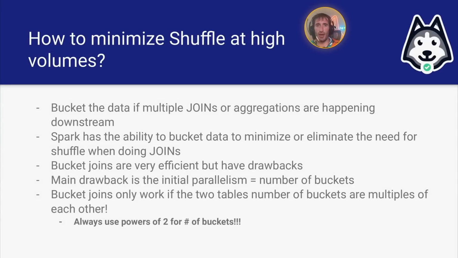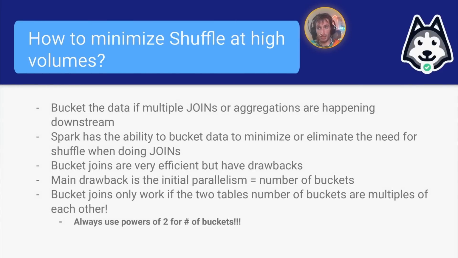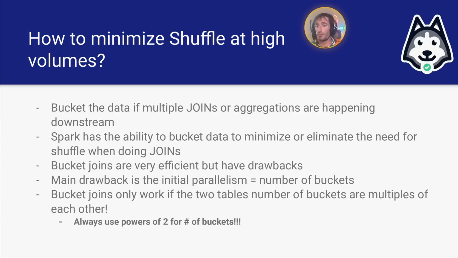We're going to talk a little bit about minimizing downstreams. I talked about this already, but bucket the data if multiple joins or aggregations are happening downstream. Bucketing is great, but if you're bucketing and you're only doing one join, then usually that's a waste, because you have to pay the shuffle cost already to bucket.